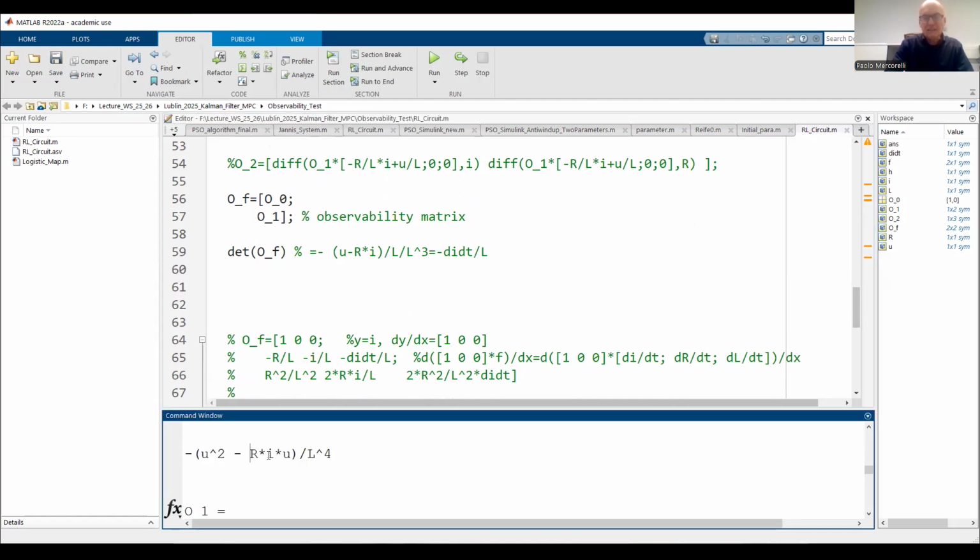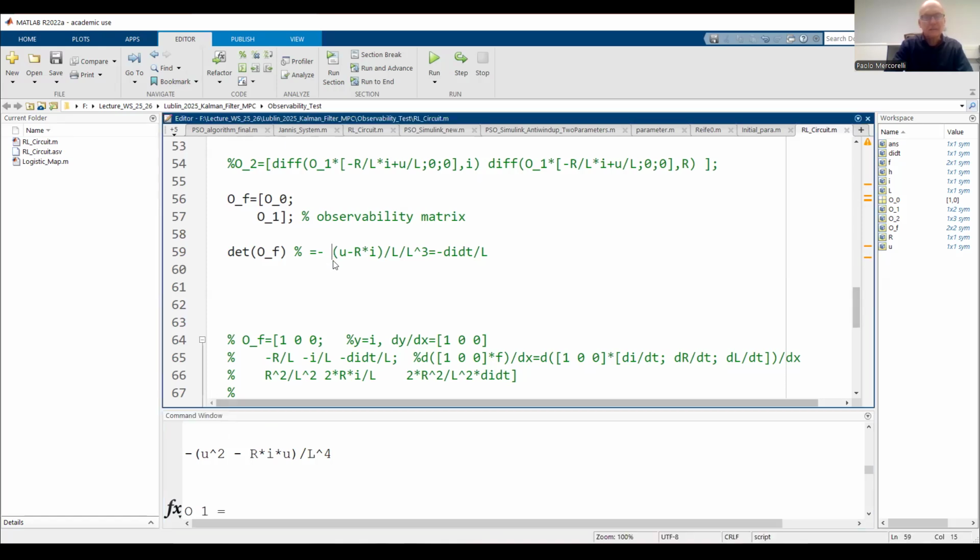If I put in evidence U, I forgot U, which multiplies this element here.